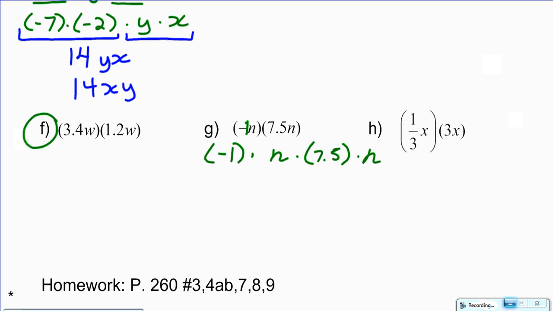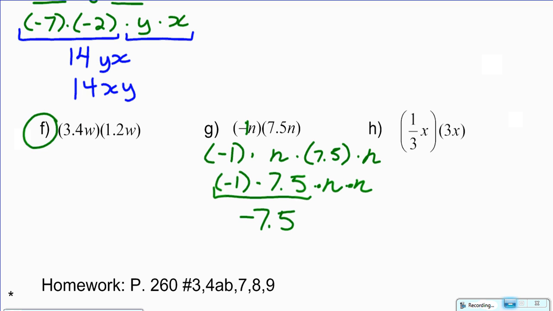Okay, so numbers with numbers, variables with variables, so negative 1 times 7.5 times n. So numbers with numbers, negative 1 times 7.5 becomes negative 7.5. N times n, they are the same base. They each have an exponent of 1, so that becomes n to the power of 2. So together it makes negative 7.5 n squared.